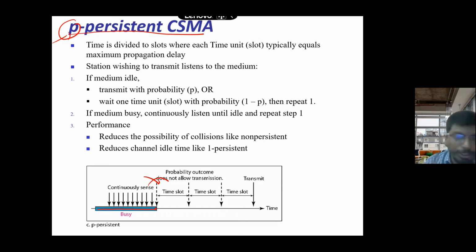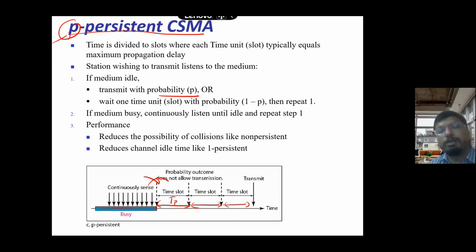And so what they are doing here is they're going to divide the time into time slots. Let the time slot duration be equal to your propagation delay. So the idea here is, once you are going to persistently keep sensing the medium, if the medium is idle, you transmit with the probability of P, right?